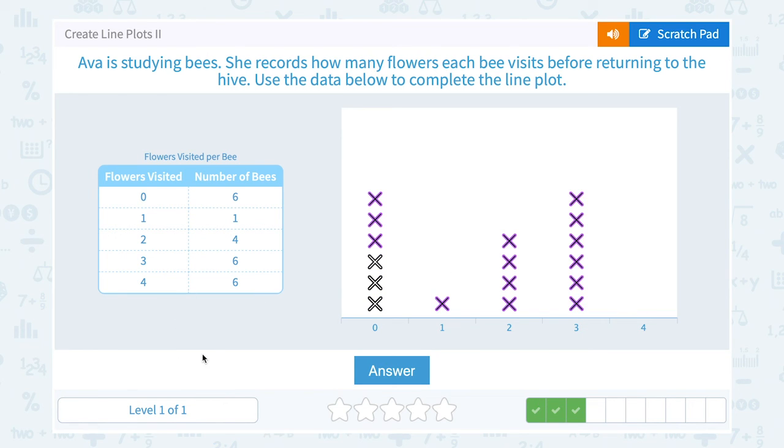And 4 flowers were visited by 6 bees, so I'm going to go to 4 on my X-axis and include 6 X's.